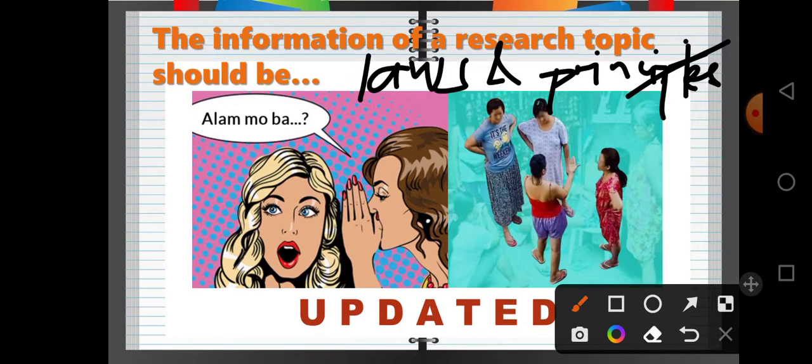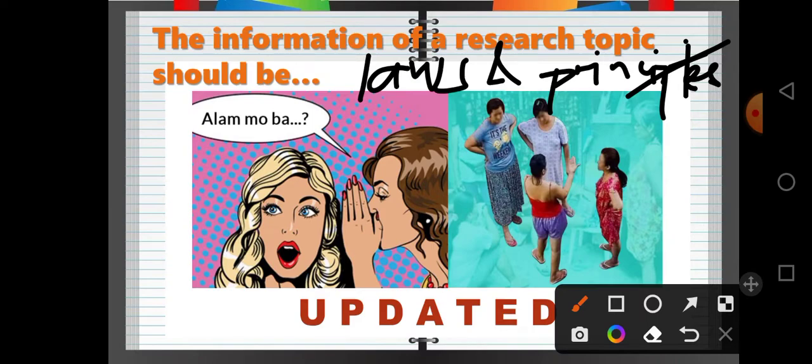So we have, let's say, the law of gravitation, the law of thermodynamics. Okay? So there are scientific rules, scientific laws, and scientific principles that were published long ago but are still applicable to this date. And therefore, they are exempted from the rule that the information of a research topic should be updated.